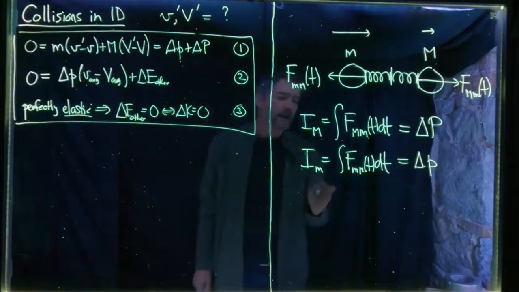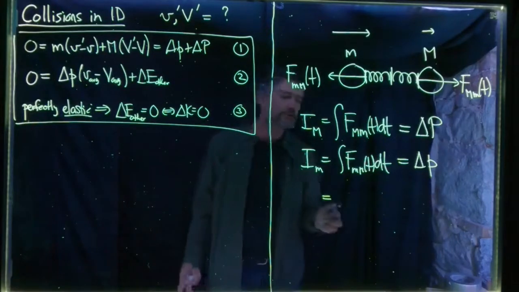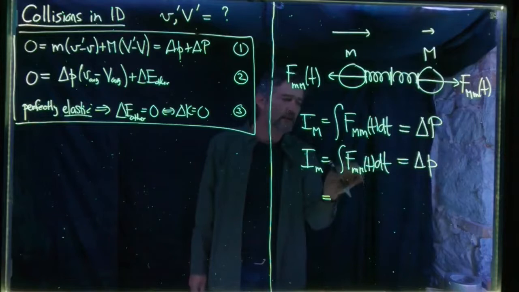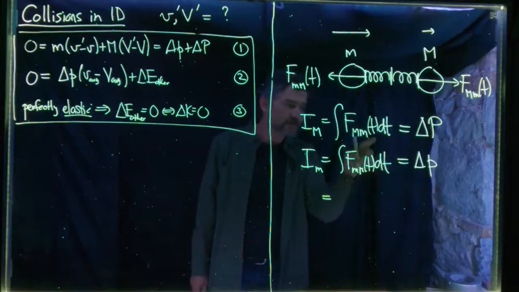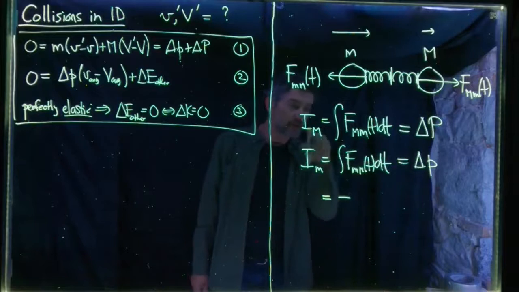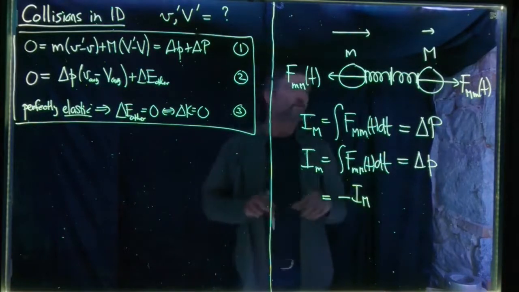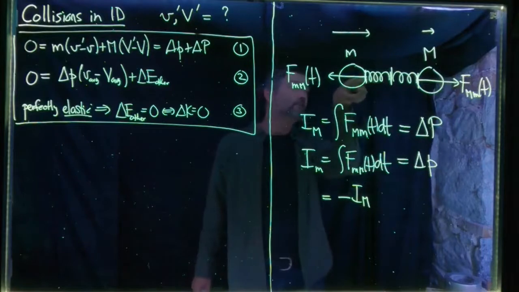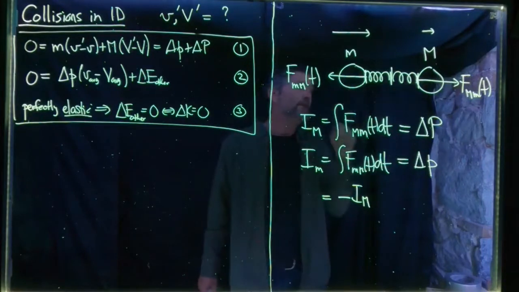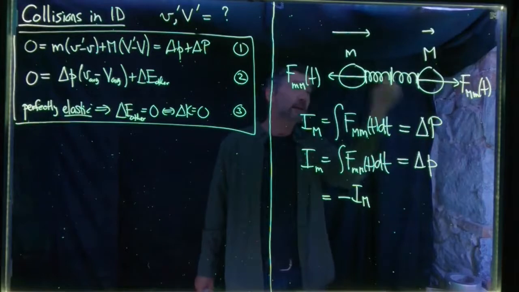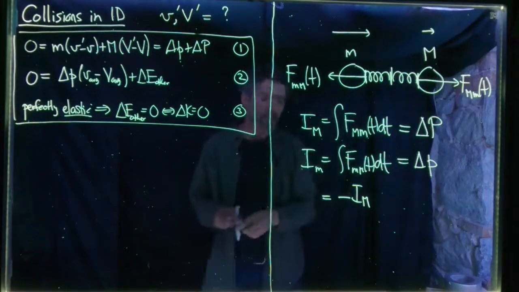Okay, and then the crucial thing to notice here is that F little m big M is the negative of F big M little m. So this is exactly the same as this except with a minus sign. So this integral is the negative of I big M. If there's an impulse of say 5 imparted to big M, then there will be an impulse of negative 5 imparted to little m.